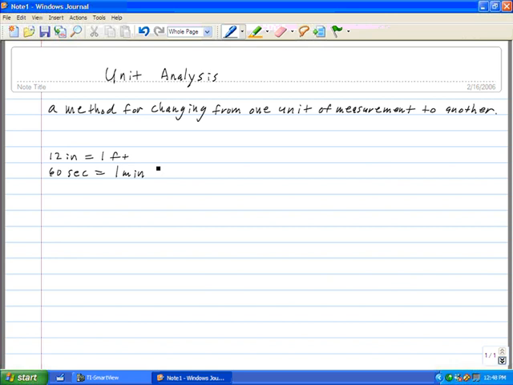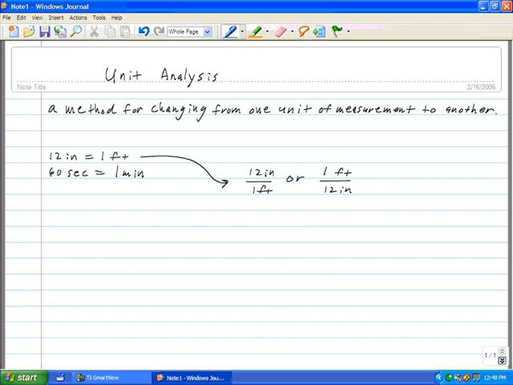And of course there are almost too many to list here, but there are a lot of equivalencies available to us, ones that we have memorized and ones that we can look up. But what we can do is take any one of these equivalencies and write it as two different fractions. For example, this first equivalency could be written as 12 inches over 1 foot, or you could choose to write it as 1 foot over 12 inches. We can use whichever one of these is the most convenient. And it's just going to be a matter of deciding which one to use.